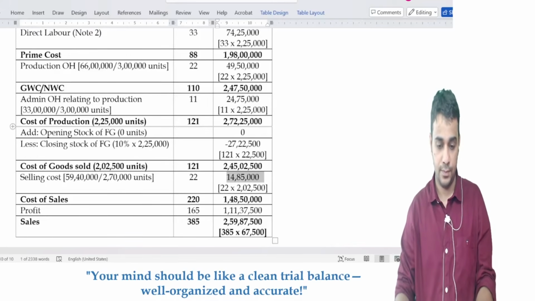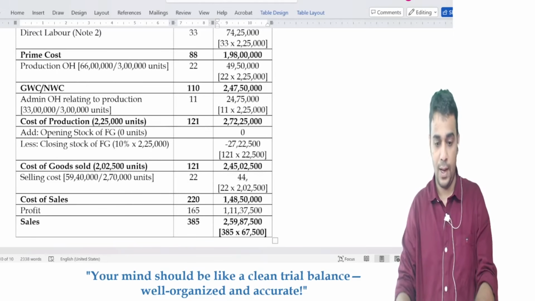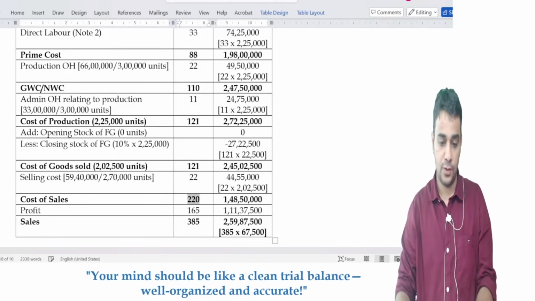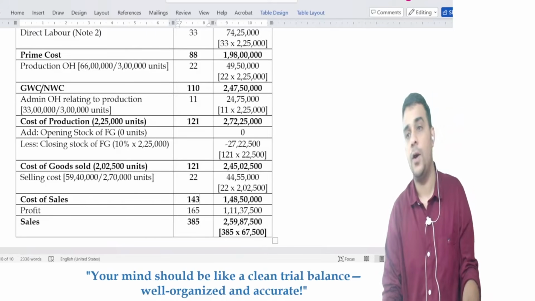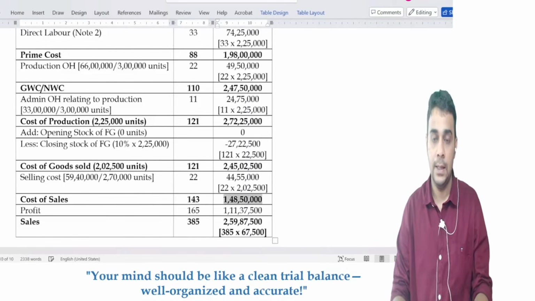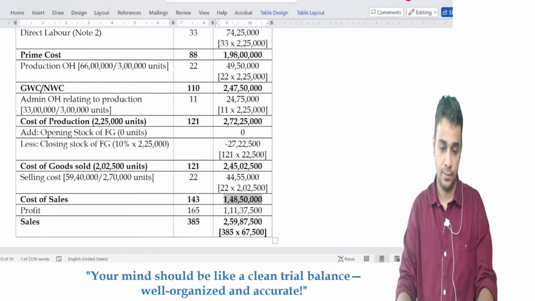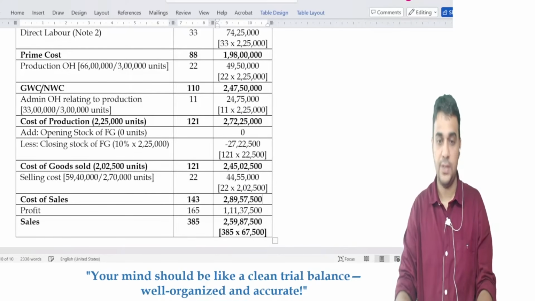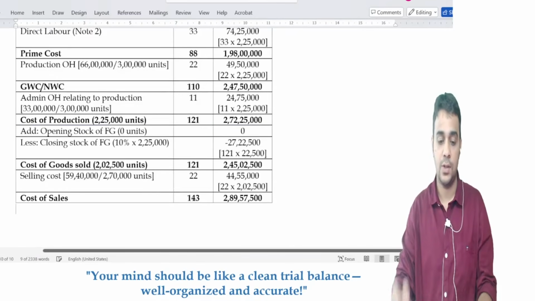What's the number you get? 44 lakh 55,000. Put together is 143, and this number is 89 lakh 57,500. Any doubts on this?